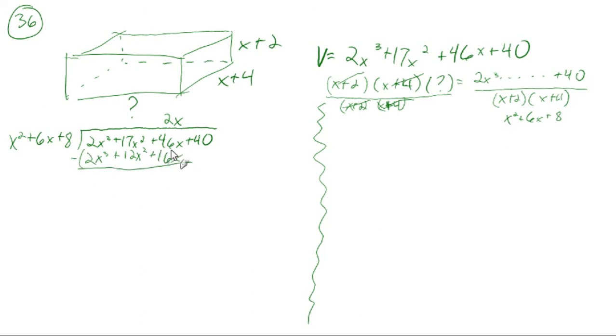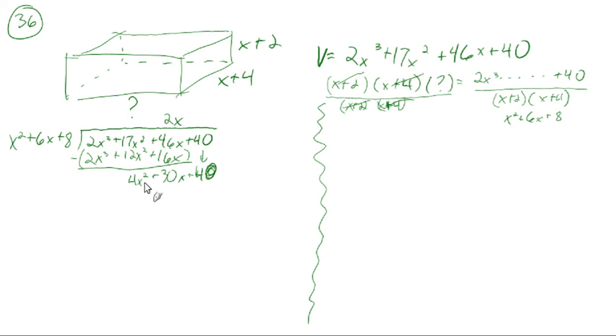And we subtract everything here. 2x cubed minus 2x cubed is 0. 17x squared minus 12x squared is 4x squared. 46x minus 16x is 30x, right? Yes, it is 30x. And then we bring down the 40. And we go through this again.